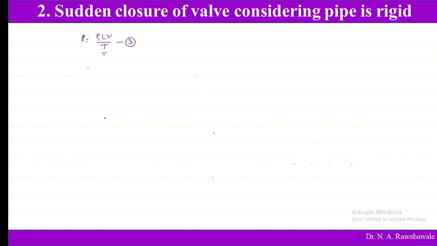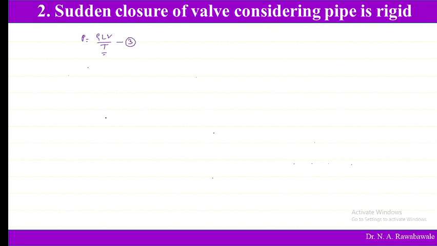From experiments it is observed that the increase in pressure due to water hammer is finite, not infinite, even for rapid closure of the valve. Therefore this equation is valid for incompressible fluids when the pipe is rigid. But when a wave of high pressure is created, the liquid gets compressed to some extent.